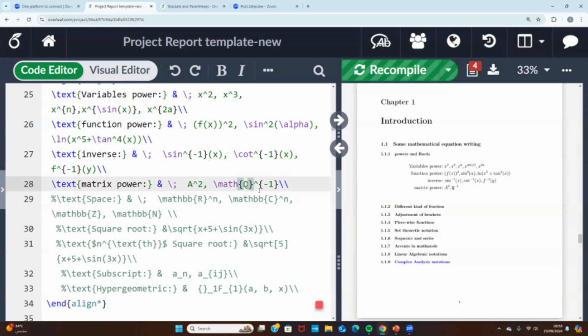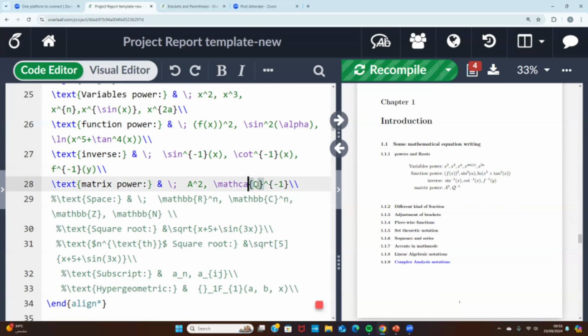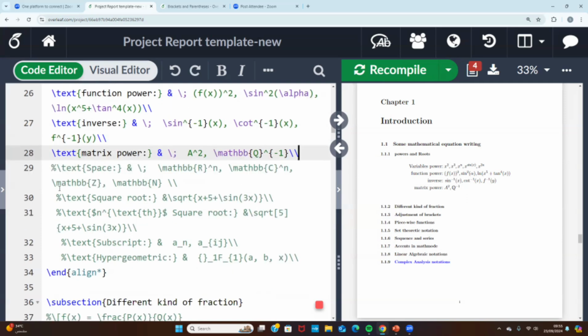So let's try math cal. It will be a different font, just to show you different kinds of fonts. This is written there. You can write math BB, that will give you another expression. So as per your requirement, you can change the notations and use it like this.